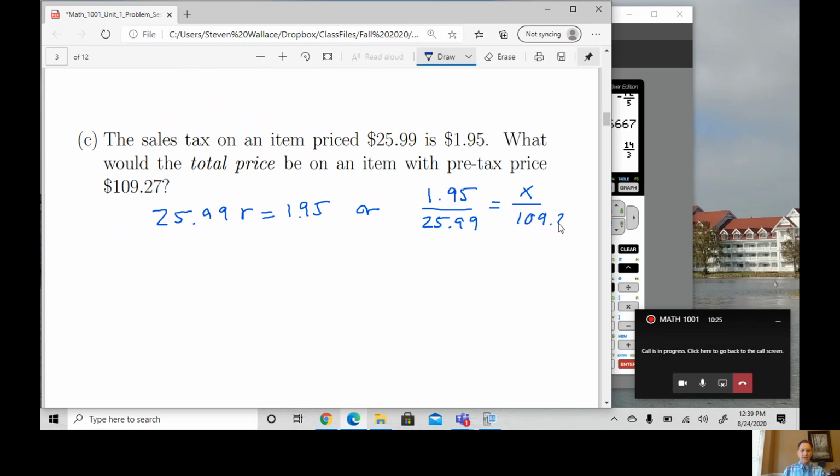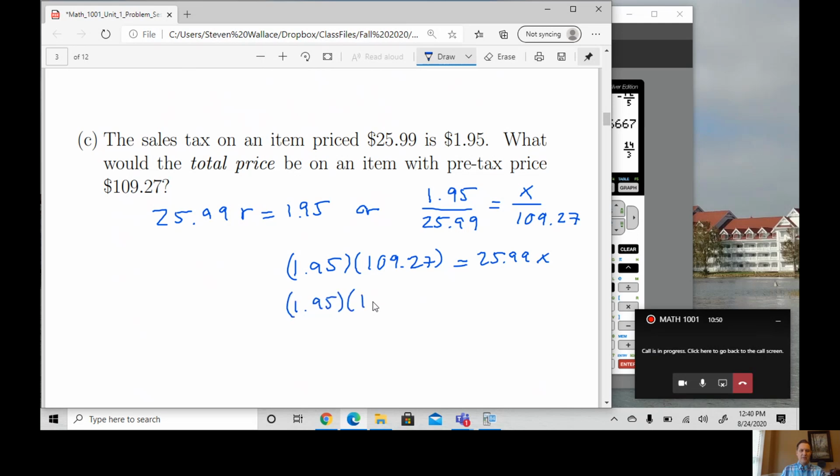But this is how I would set up this ratio. Cross multiply again, so we get 1.95 times 109.27 equals 25.99x. Divide both sides by 25.99.